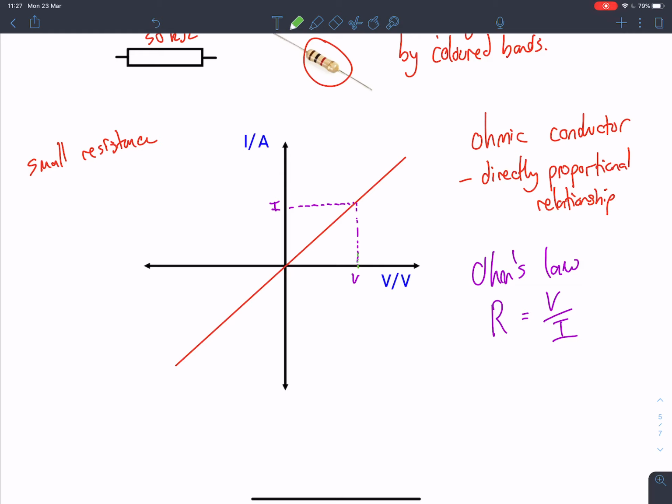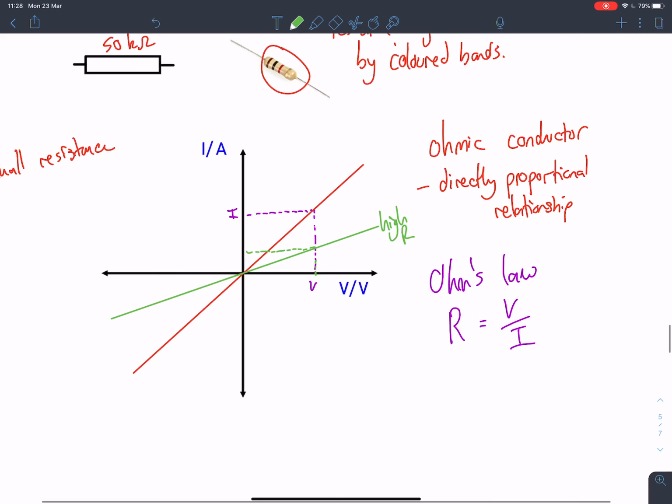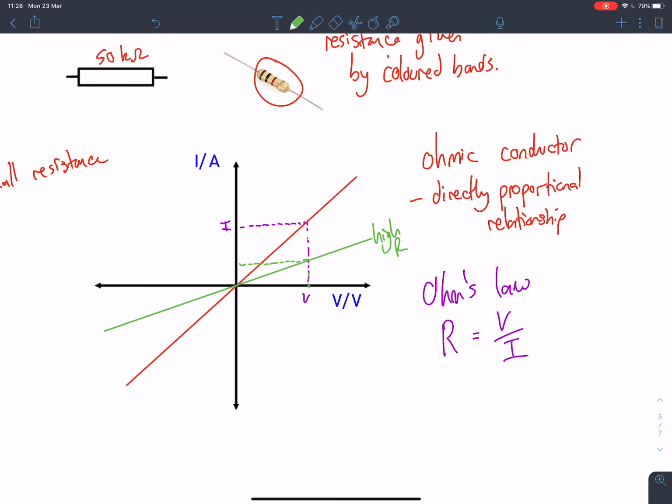Well, if there's a bigger resistance, that current is going to be smaller. So for that same voltage, I'm going to have a much smaller current flowing. So this is a higher resistance. We can see here, the shallower the line, the higher the resistance.